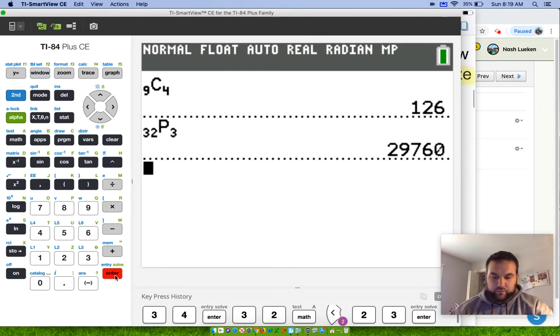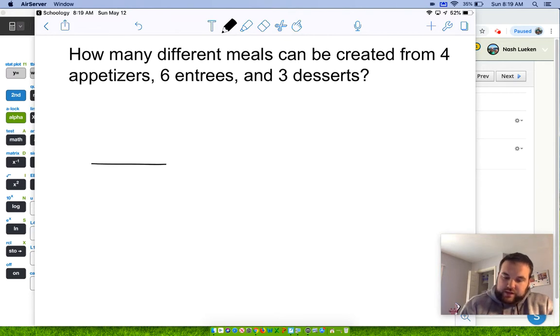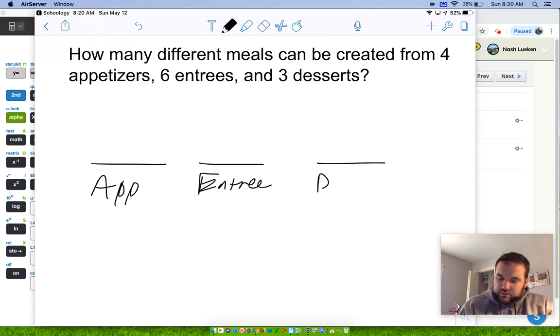Oh, so 29,760. How many different meals can be created from 4 appetizers, 6 entrees, and 3 desserts? So it's not stated here, but we're going to assume that we are doing one of each of those categories. So I have an appetizer to choose from. I've got an entree to pick. Then I have a dessert.